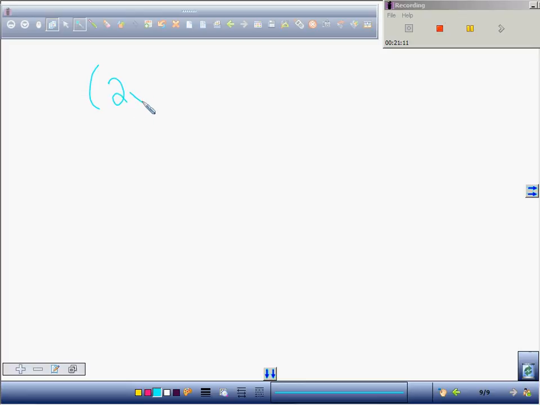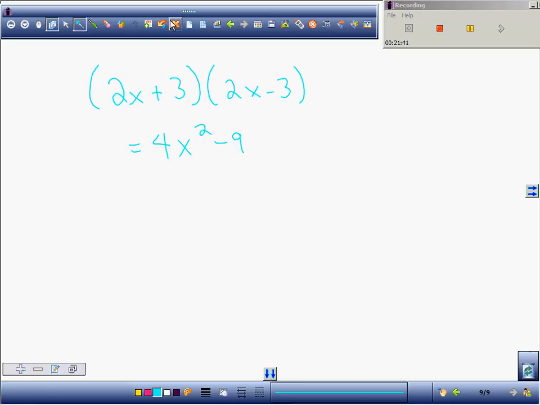So let's do 2x plus 3 times 2x minus 3. Who thinks they can tell me what this is? Tom. 4x squared minus 9. Perfect. He did that super quick in his head. This times this gives you 4x squared. This times this, since one is positive, one is negative, just gives you minus 9, and the middle terms disappear.